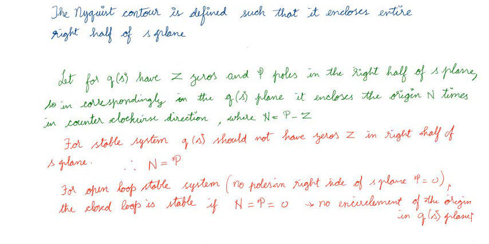So correspondingly, that's important, right? Not all poles we are taking. What are the poles and what are the zeros of Q(S) in the right half of the S plane, we are considering. Okay.